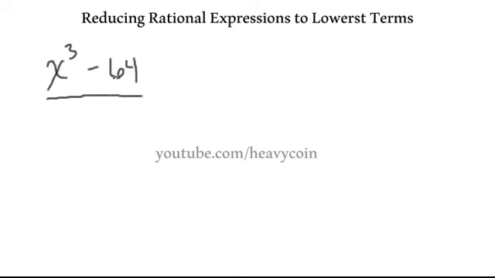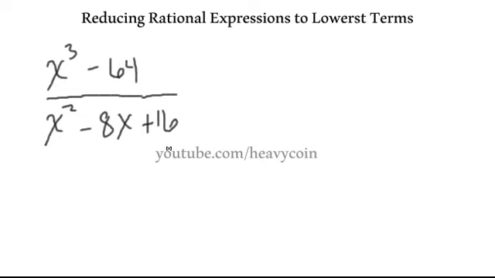Okay. x cubed minus 64, x squared in the denominator, minus 8x plus 16. Yeah, so when we were factoring binomials, bi meaning 2, there's two terms here, we went over the difference of two cubes. There's kind of a formula that you need to follow for that.